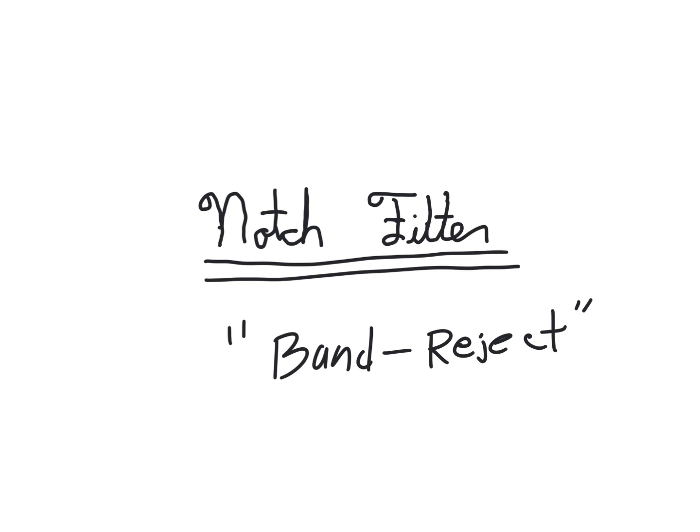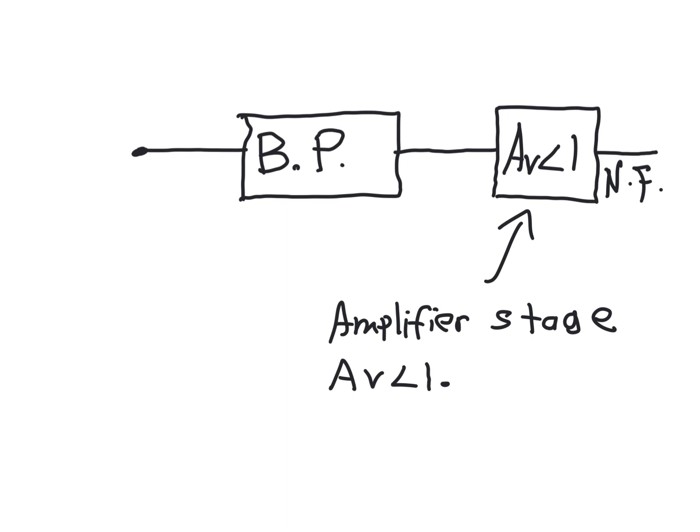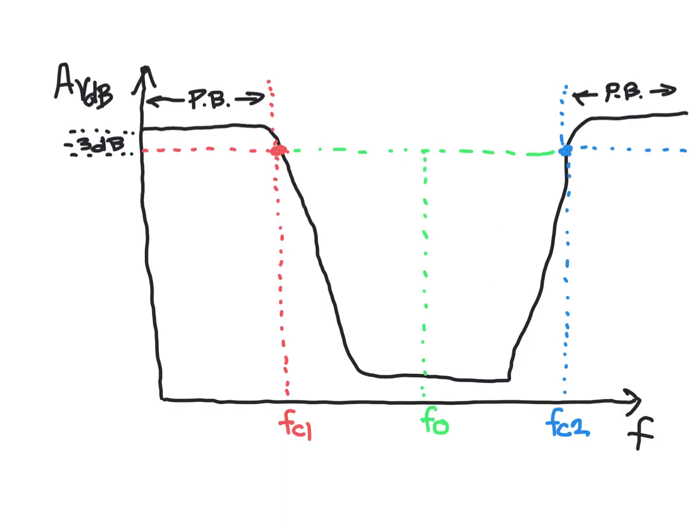And the basic idea is to take the bandpass filter and then you feed it into an amplifier with the gain less than 1. Look in the lab experiment, and you'll see the output is an inverting amplifier with the gain less than 1. You can calculate that out easily, and that gives you the notch filter response.